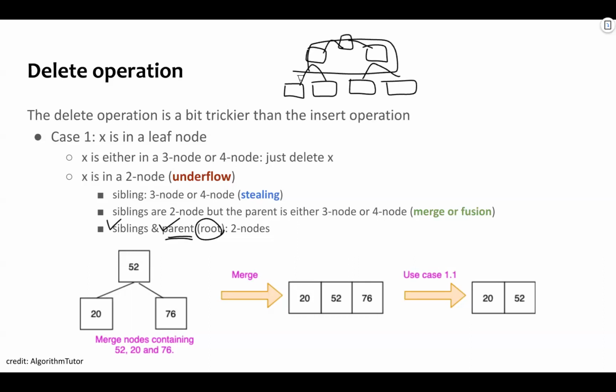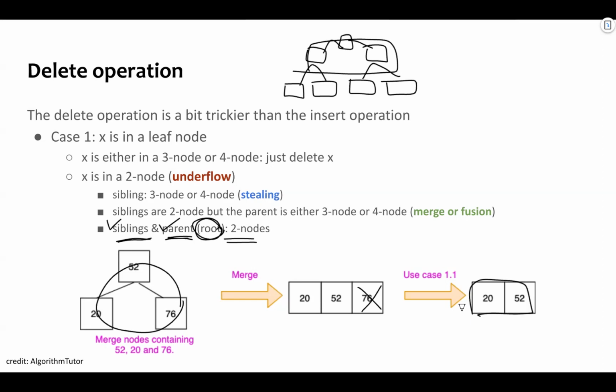And because we are inserting in this way, this case where siblings and parents are both 2 nodes can only occur when the parent is root. In this case, we're going to just merge these 3 items and then delete 76 like this. Okay.